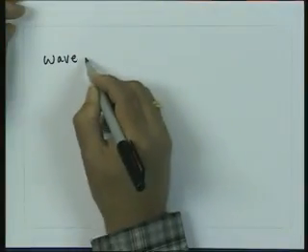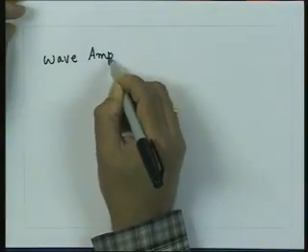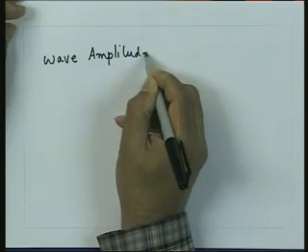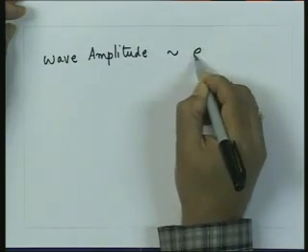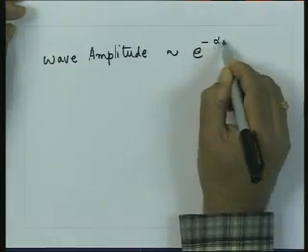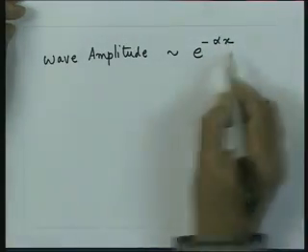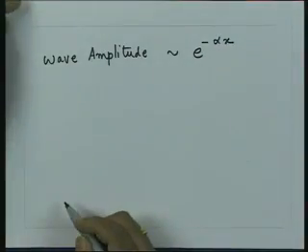However, at this point we can say that a good conductor can be characterized like a lossy transmission line, and that is the reason we have alpha equal to beta, and then the wave amplitude will vary as e to the power minus alpha x, where x is the direction of wave propagation.